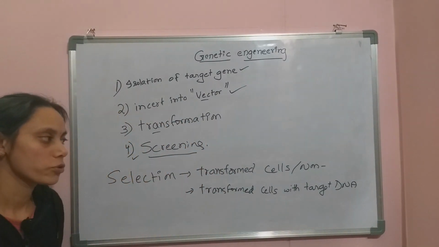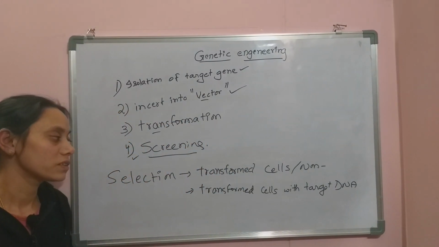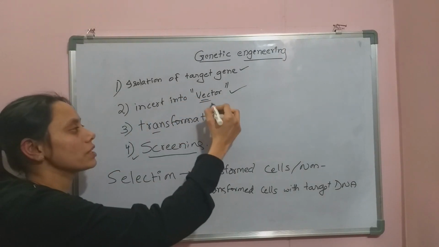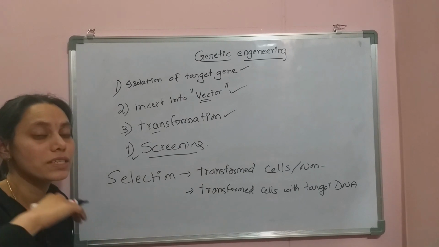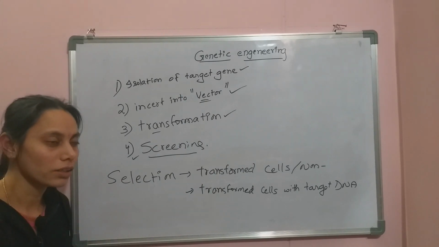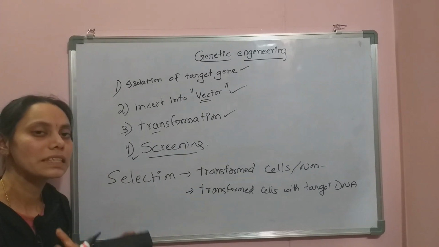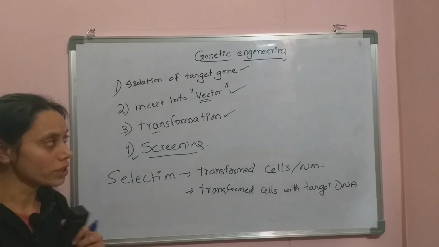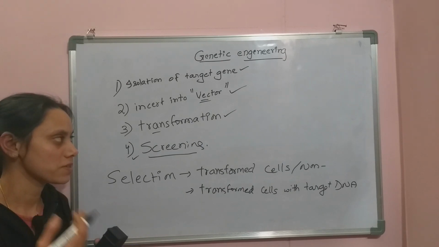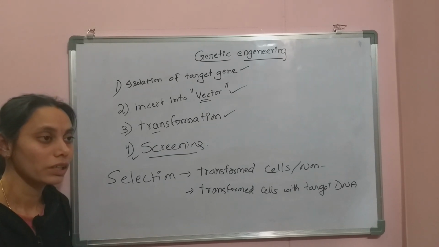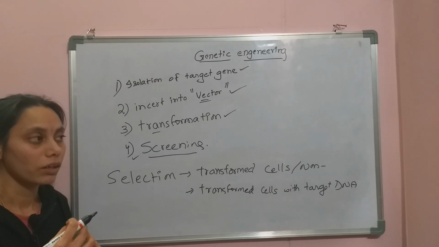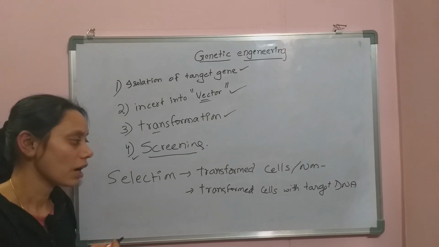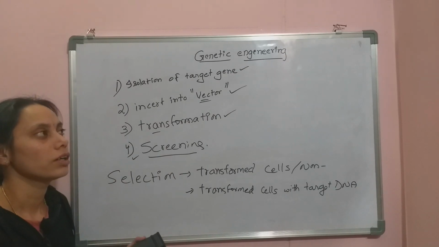So these are the two steps. As we already discussed, we have different selectable markers. One of the characters of the vector molecule is the expression of a selectable marker. That means once the host organism is transformed with the recombinant vector, the selectable marker helps us to select the transformed cells. Generally, that is the idea of selection.